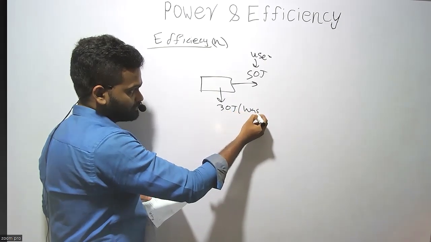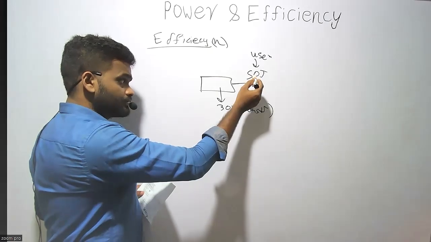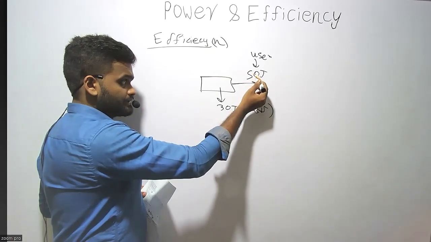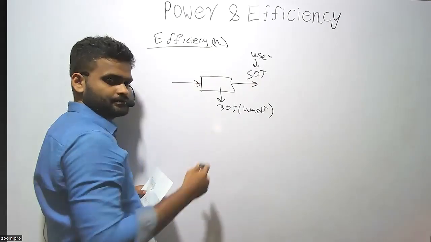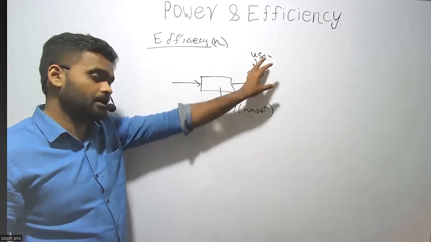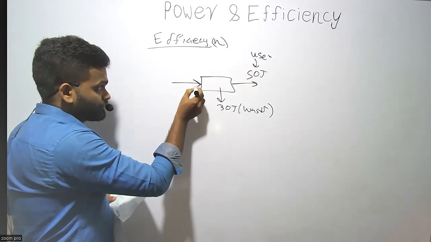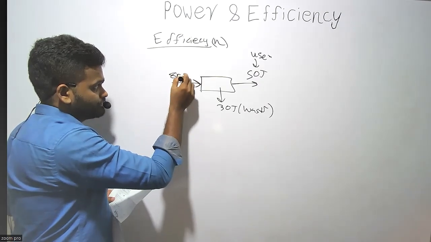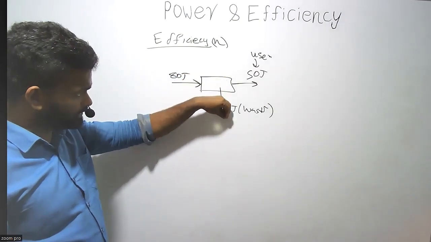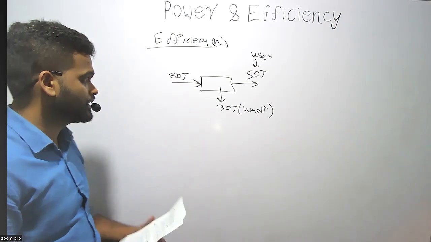So this is the useful amount, this is the wasted amount. The sum of these two should be the input. Input energy is always partly wasted and partly converted to useful energy. So the input should be 80 joule. When you provide 80 joule, 30 is wasted, and 50 is converted into useful energy.